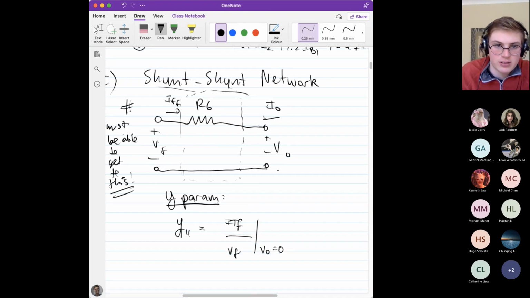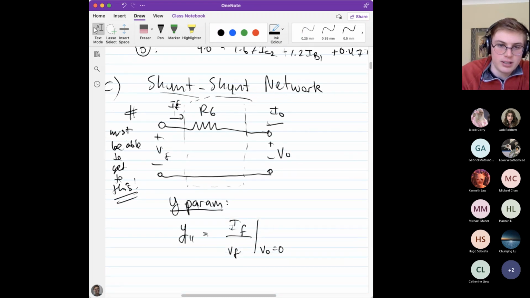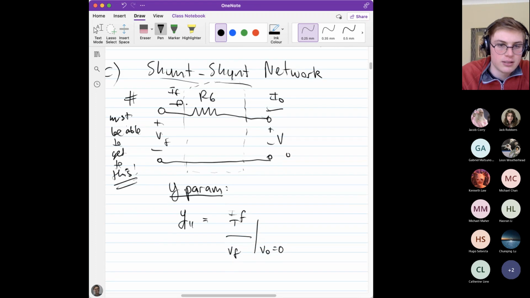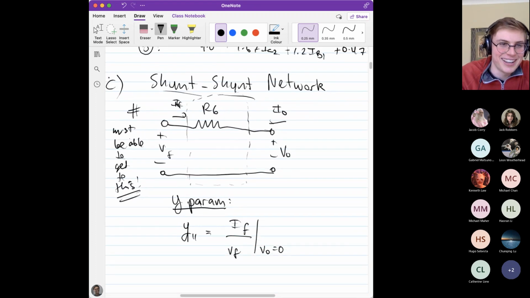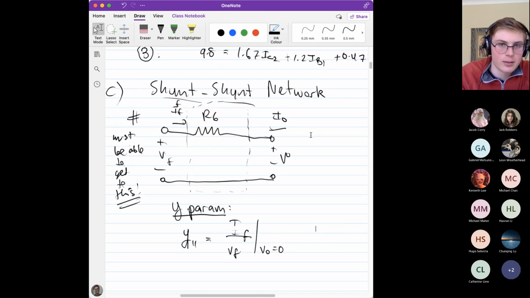So we're shorting this. I don't know if you can see that, it's a bit funky. Might have to restart OneNote. Just bear with me for a second.